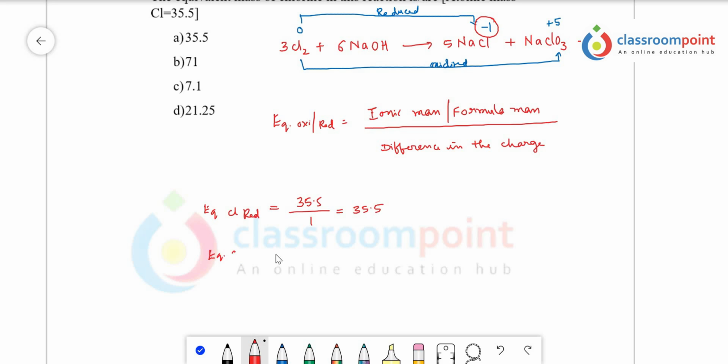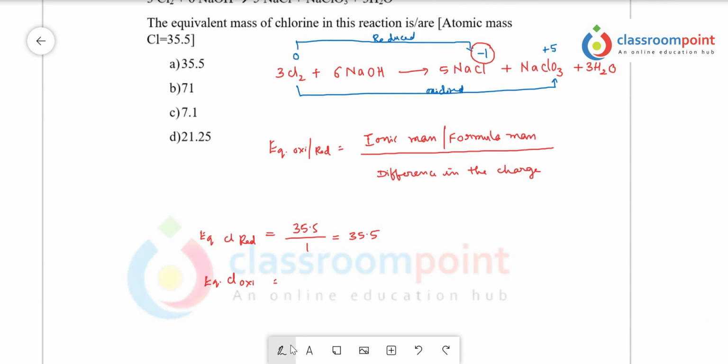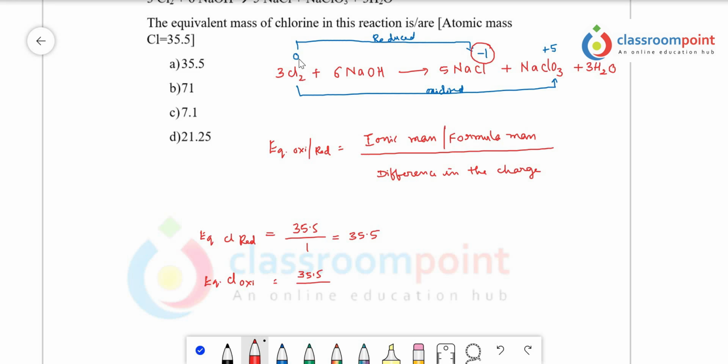And similarly chlorine is also participating in the oxidation reaction, that means reducing agent. So if it is participating as a reducing agent, chlorine to this chlorine, again atomic mass is same, 35.5 divided by difference in oxidation state is 5.